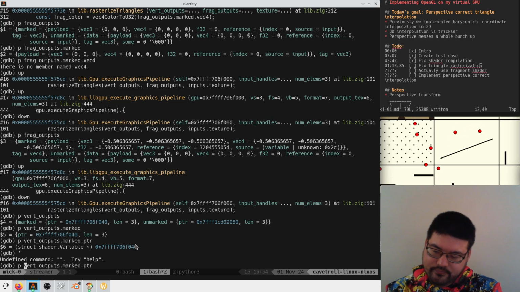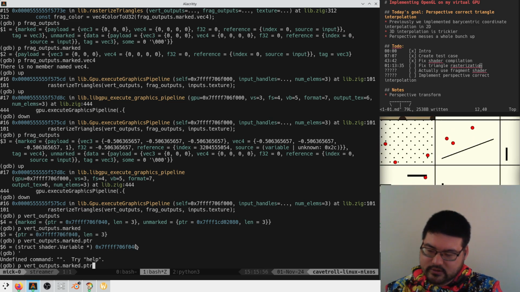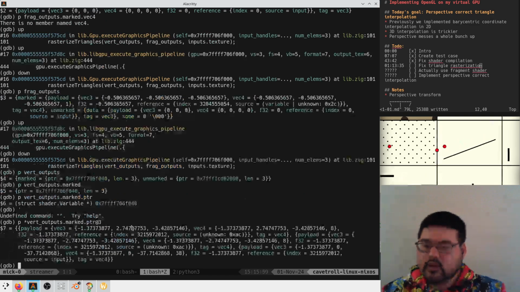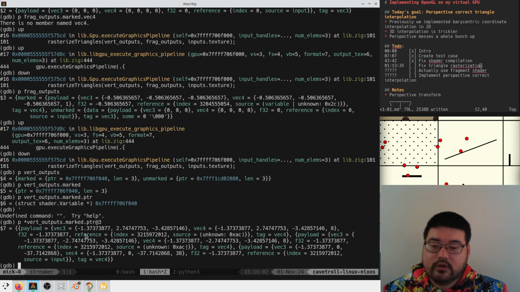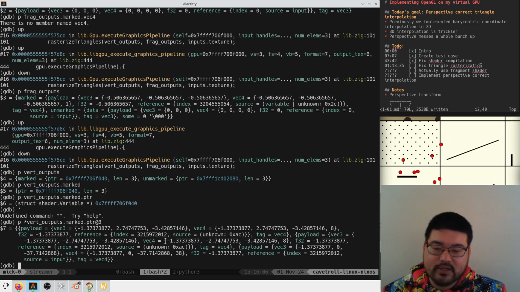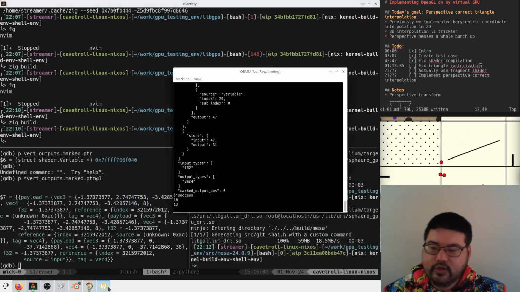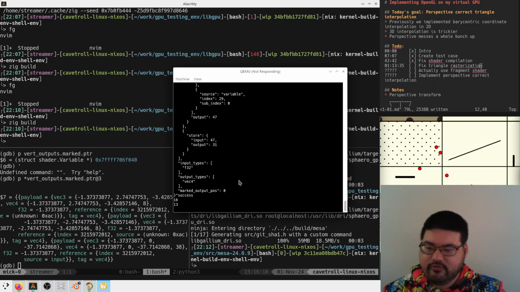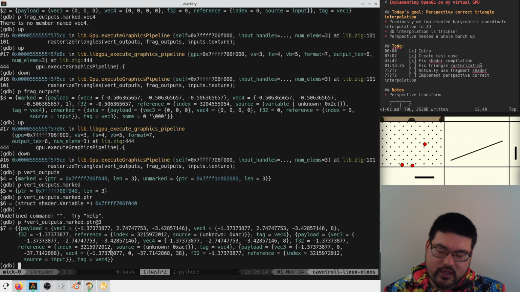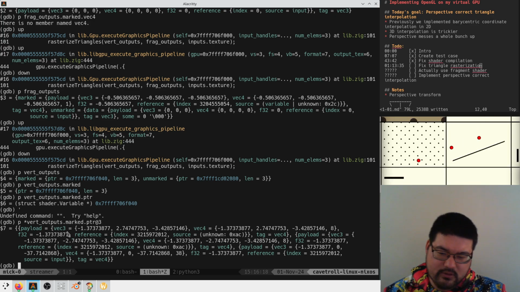How do you do this? Dereference this and then print it three times. So this has the correct tag of vec4. That makes sense. I wanted to confirm if the frag coordinate output is supposed to be 3 or 4. Maybe it's supposed to be 3.